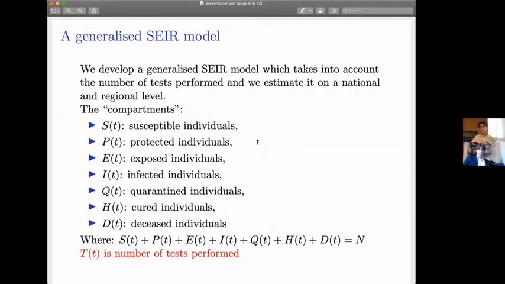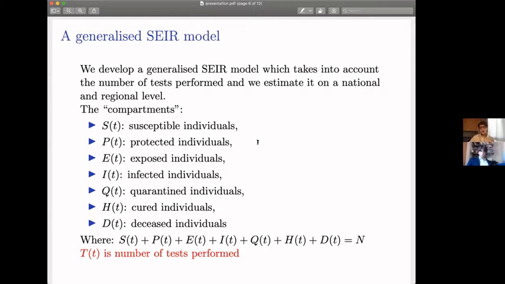E are the exposed individuals, those who have come into contact with the virus, but are not showing the symptoms, nor are they infective. I are the infective individuals. Q are those who have tested positive for the virus and have been put effectively into quarantine, so they're not contagious anymore.